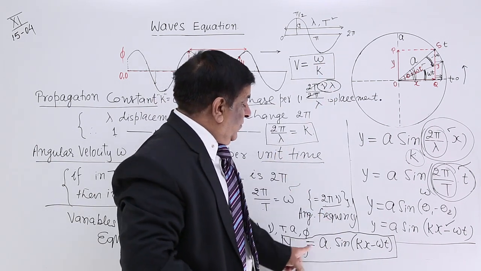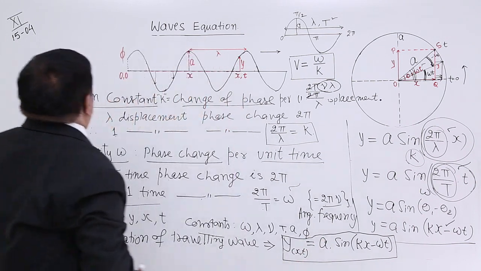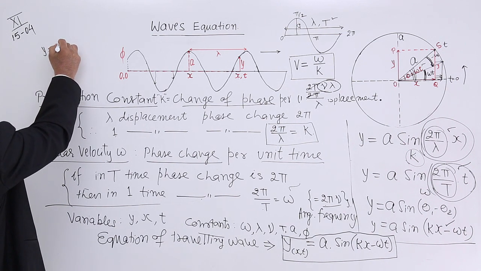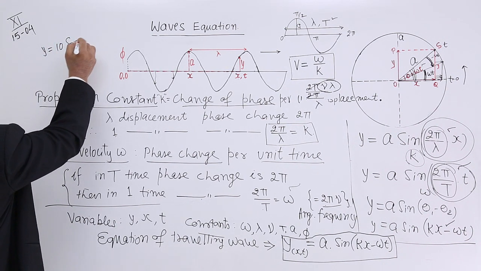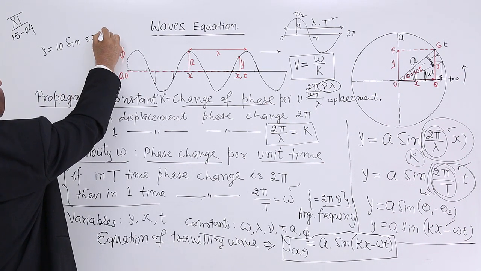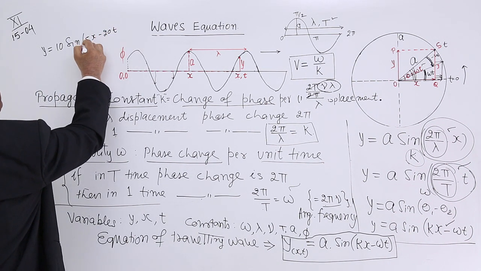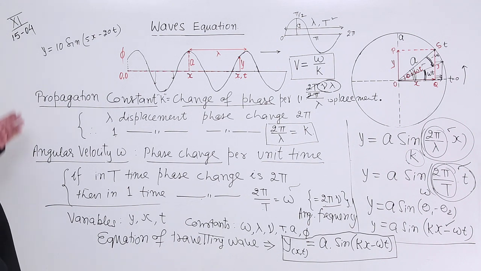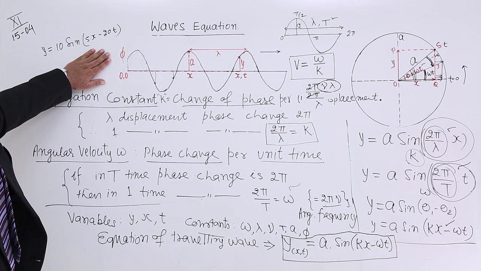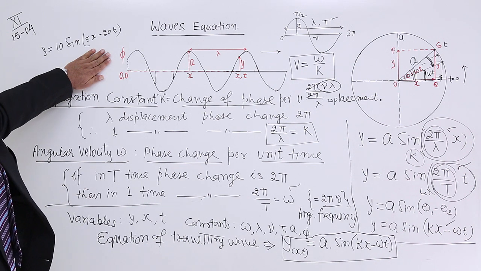Whenever you see an equation, like if you see a wave equation which tells you that y is equal to 10 sine 5x minus 20t. This is the equation of a wave. If this is the equation of a wave, then I ask you, what is the amplitude of the wave?